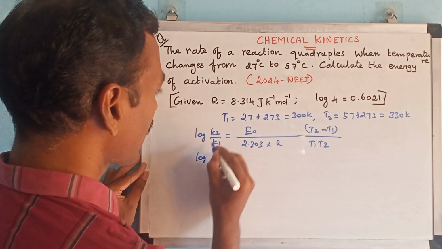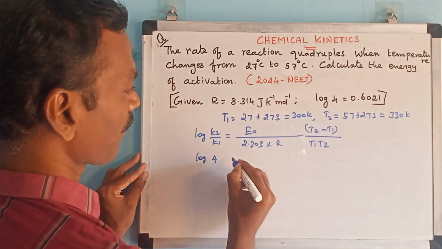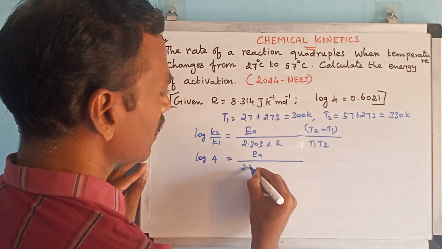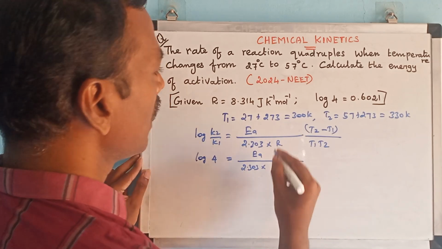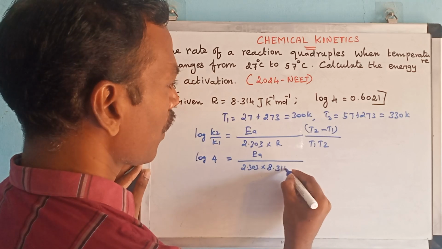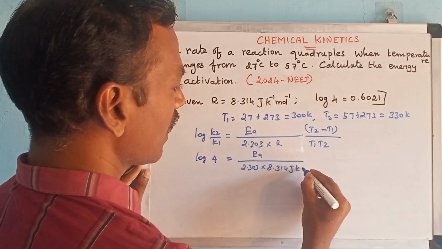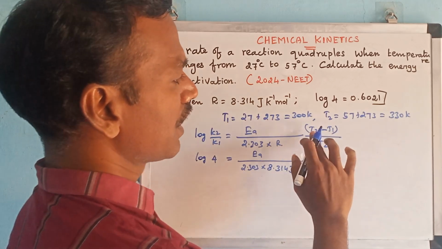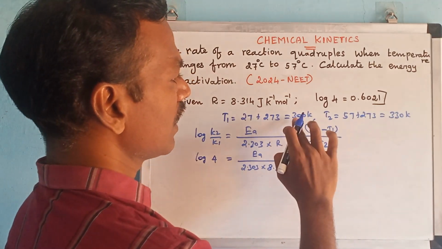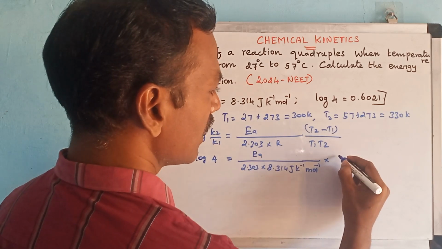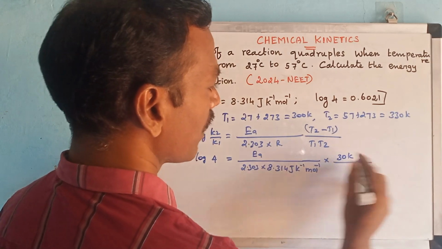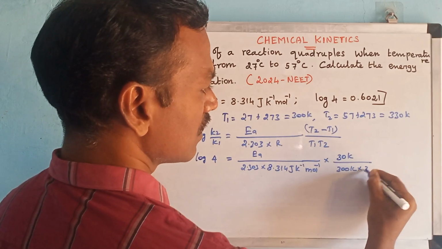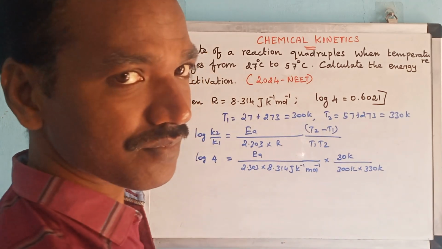So K2 by K1 value is 4, so log 4 equal to energy of activation divided by 2.303 into R value, which is 8.314 joule per Kelvin per mole, into T2 minus T1. T2 is 330 Kelvin, T1 is 300 Kelvin. Okay, so we get 30 Kelvin divided by T1, 300 Kelvin, into T2, 330 Kelvin.